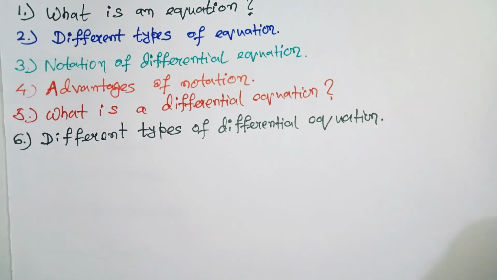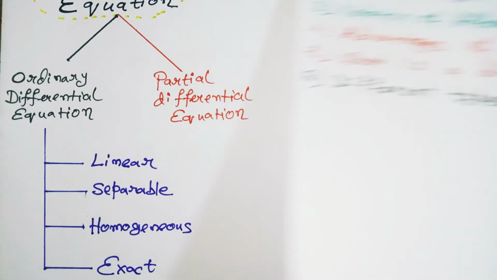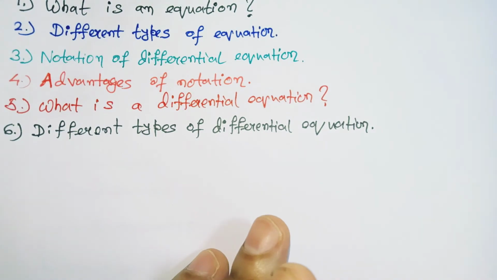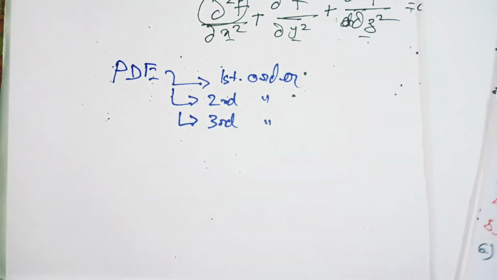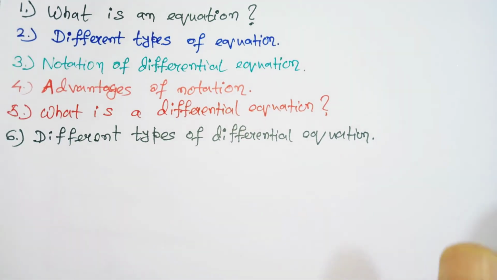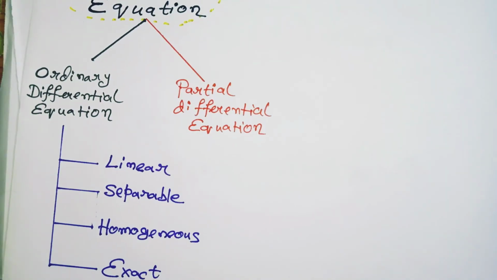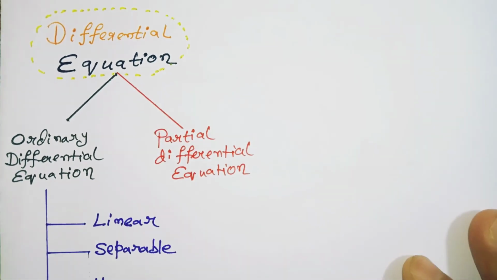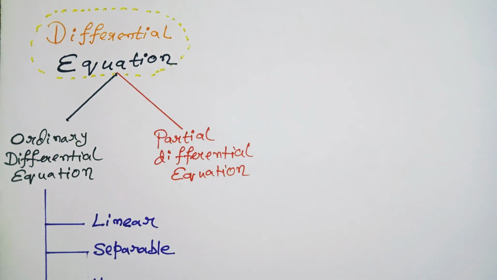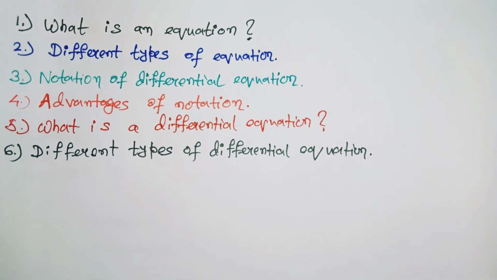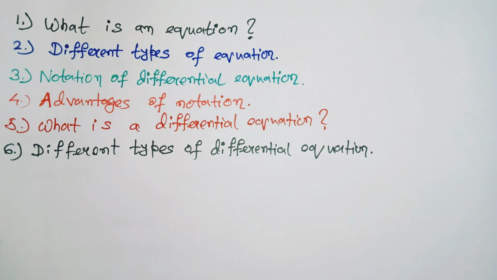We have also seen what is a differential equation, and what the different types of differential equation are. In the next video, what we are going to look forward to is the most important and starting part of differential equations: how we can find out the order and the degree of a differential equation.